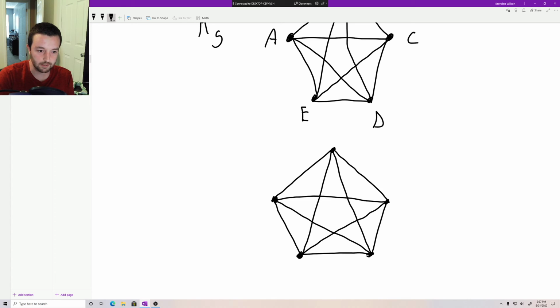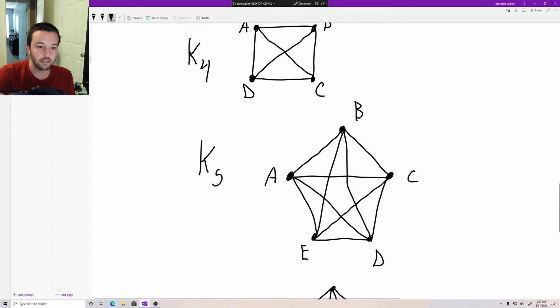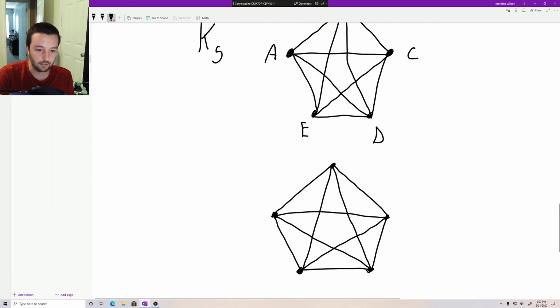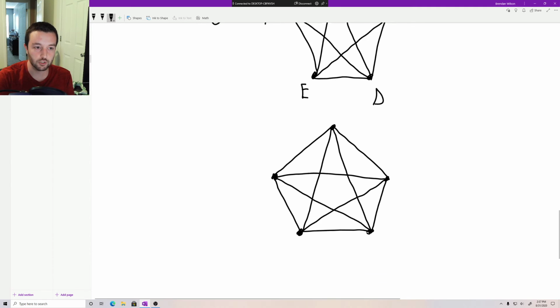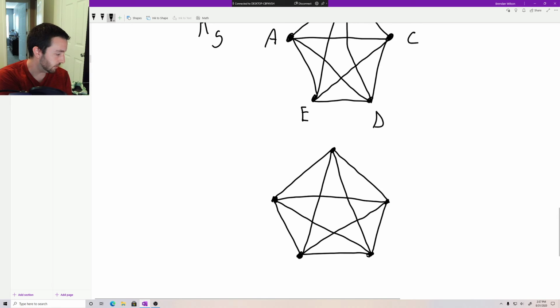I feel like maybe I missed some. 1, 2, 3, 4, 5, 6, 7, 8, 9. It's hard to keep track of them all. I think there's 10 though. Okay, so the point is, as we go down, we're gonna have more and more edges, so I won't draw all of them here. This is what it looks like up to 5. This is all the book shows too. Yeah, and it does say it has 10 edges. So there we go.